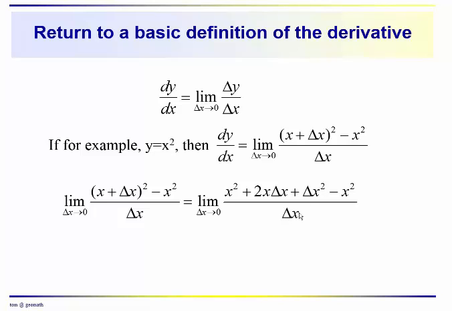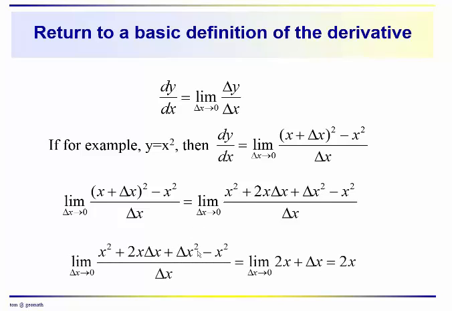Some terms are going to cancel out: the x squared terms cancel. Dividing through by delta x, in the limit that delta x goes to 0, dy/dx is equal to 2x plus delta x, but delta x is going to 0, so it's just equal to 2x.